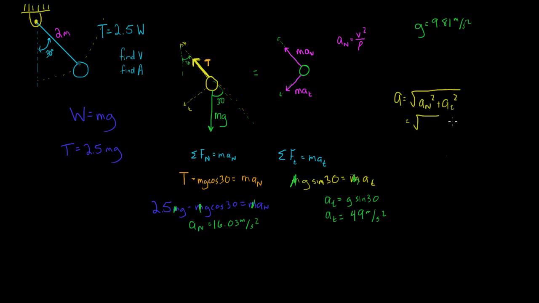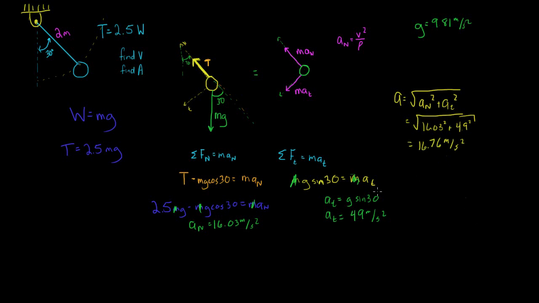This is equal to the square root of 16.03 squared plus 4.9 squared, and this number is equal to 16.76 meters per second squared. So this is our acceleration. And what angle does this occur at?